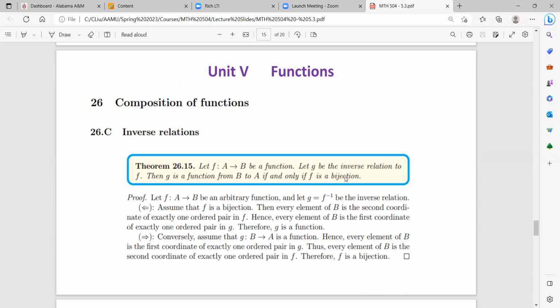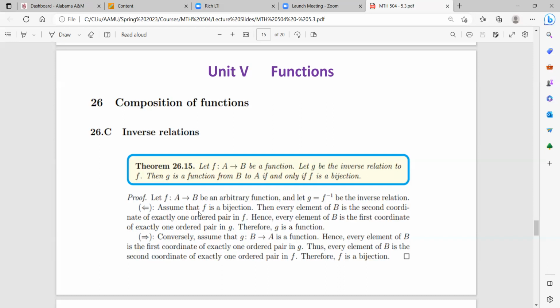Okay, that's what we just discussed, and it's pretty easy to prove. So f is a function, and G we can write as f inverse, the inverse relation of f. Okay, so then we just prove it in two ways.